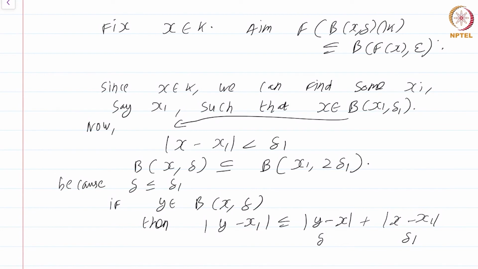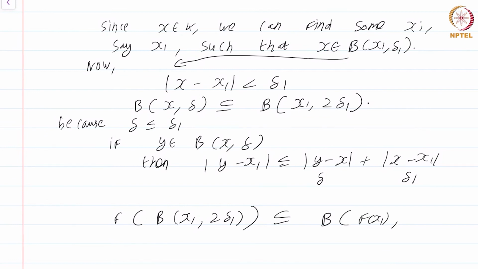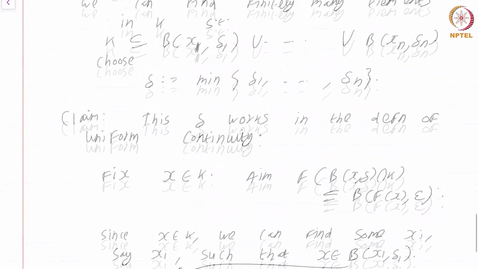This is just a simple application of the triangle inequality. Okay. What does this give us? That gives us that f of B(x1, 2 delta 1) is contained in B(f(x1), epsilon by 2). Okay. Why is that?